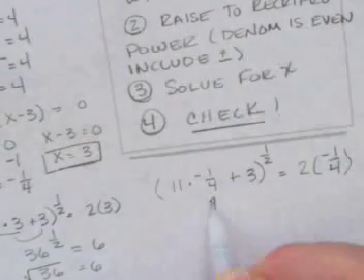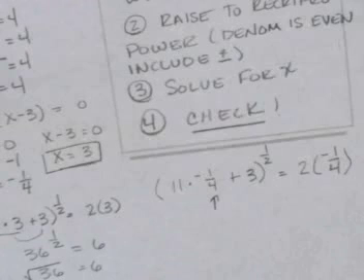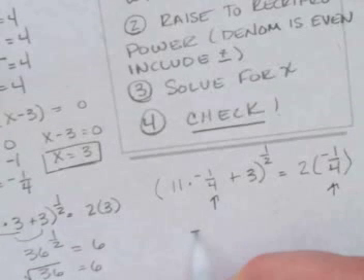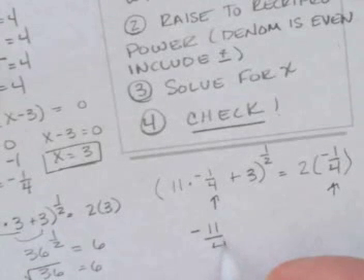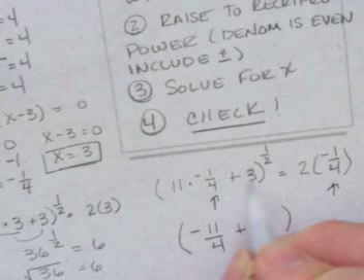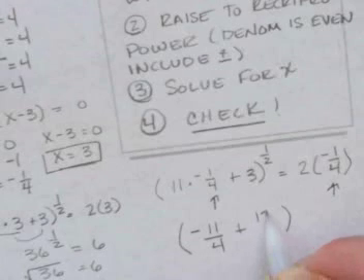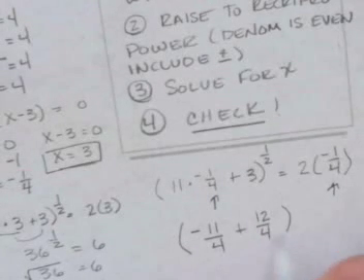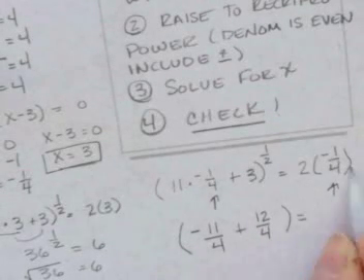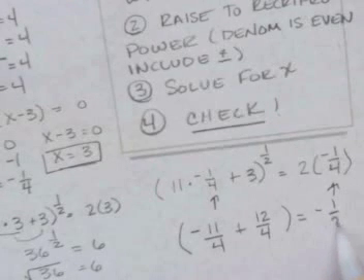So all I did in this step was I substituted negative 1/4 for x in my original equation. And this ends up being negative 11/4. So I know in order to combine these terms, I'm going to have to get a common denominator here. So 3 can be written as 12 over 4. And then 2 times negative 1/4 is just negative 1/2.